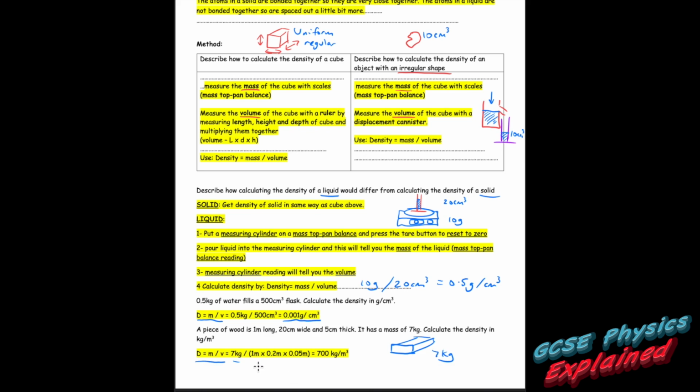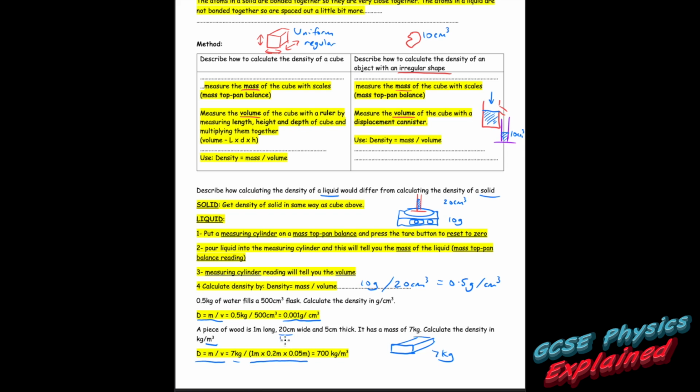Now to get the volume, we're going to need to multiply the length by the width by how thick it is. And make sure you convert. If that's in metres, then that needs to be in metres as well. And so does that, because they wanted it in metres cubed.